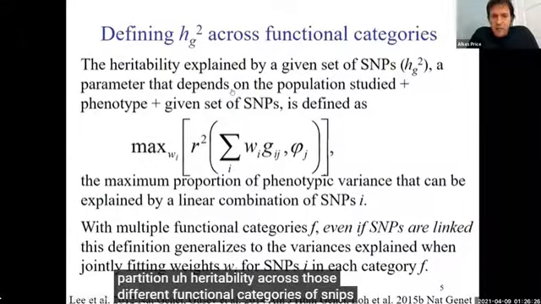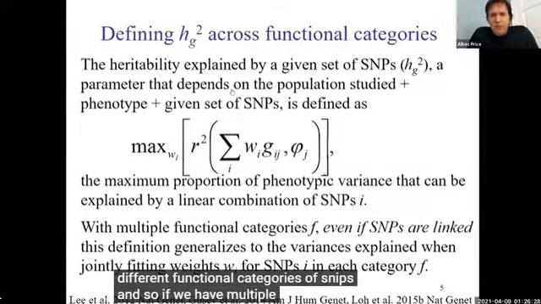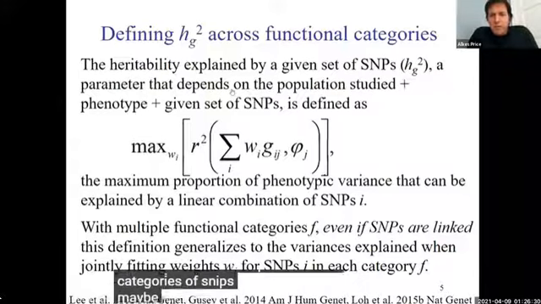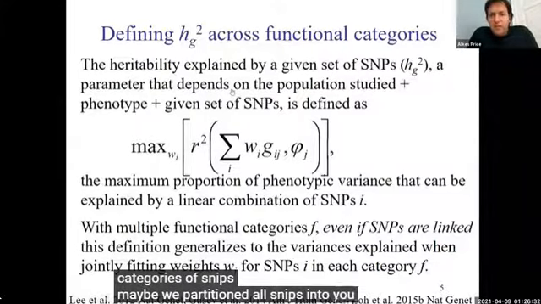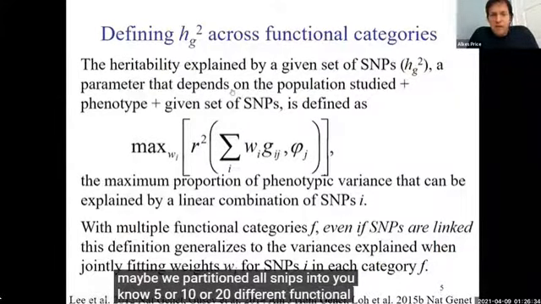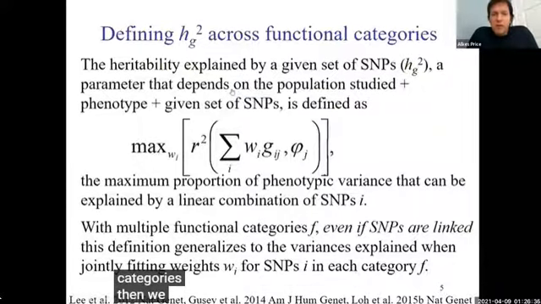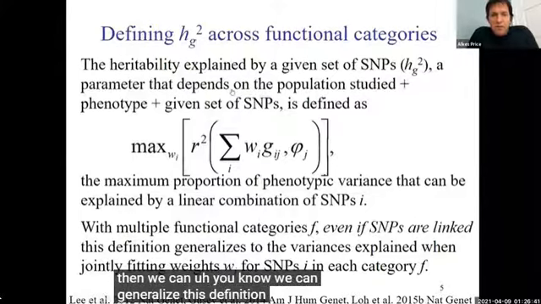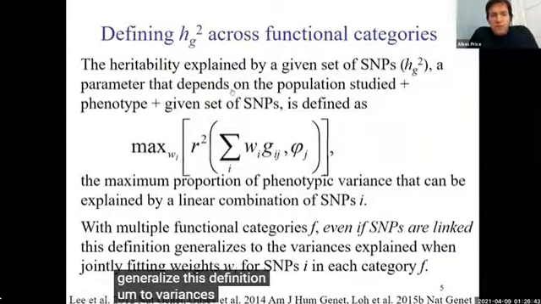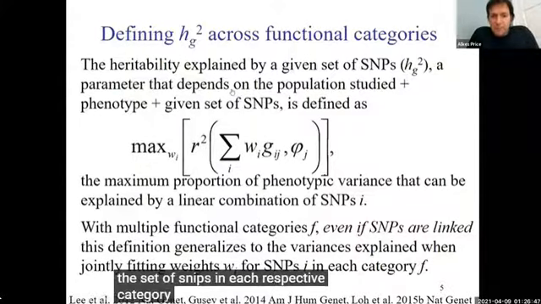of SNPs. And so if we have multiple functional categories of SNPs, maybe we partitioned all SNPs into 5 or 10 or 20 different functional categories, then we can generalize this definition to variances explained by the set of SNPs in each respective category.